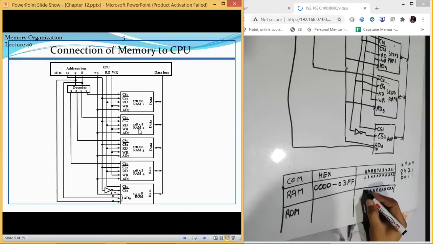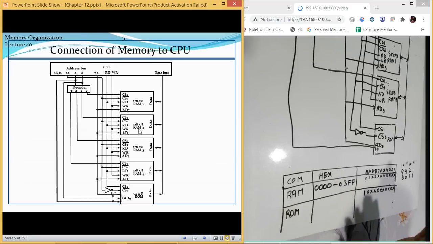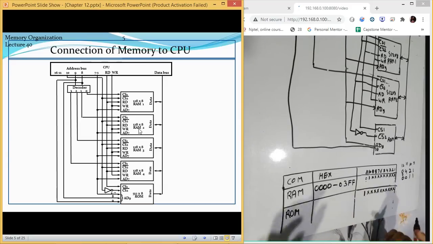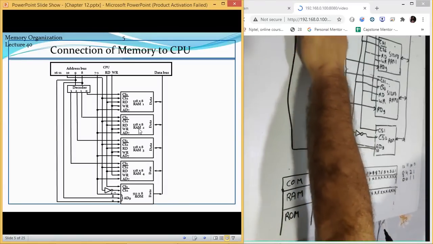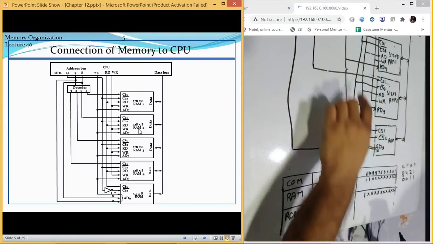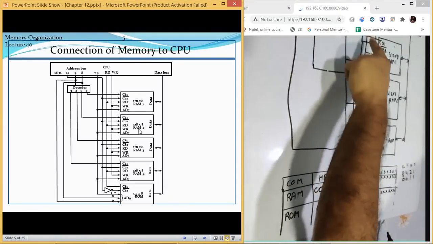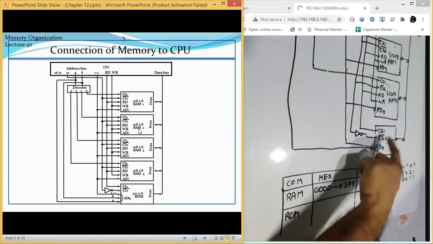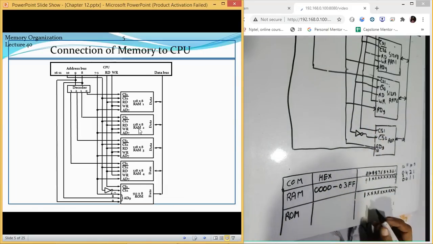If it is 1, then only this ROM chip is going to work. Is it true? Yes. Because if this 11th bit is equal to 1, then only this ROM chip will work. So whatsoever is the address, this has to be 1 in this case.